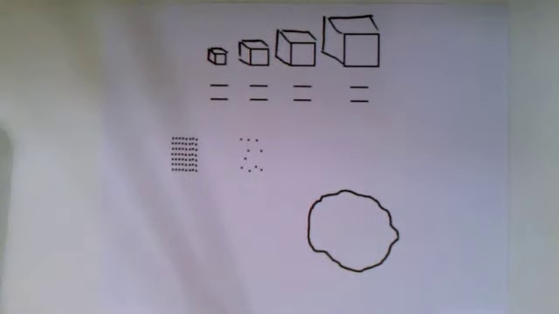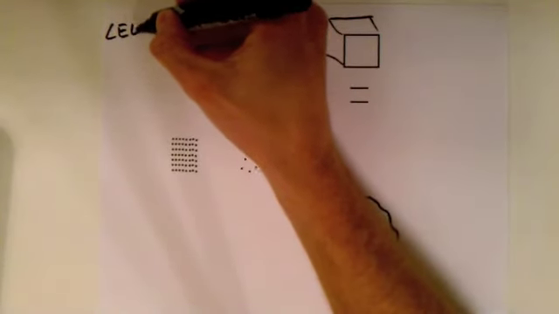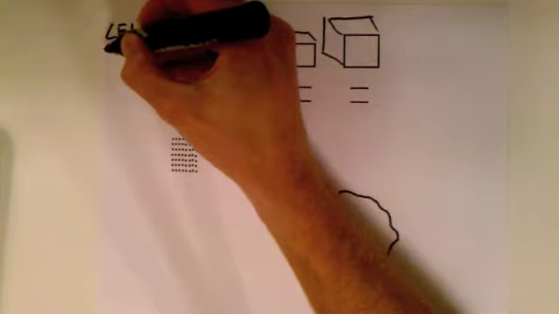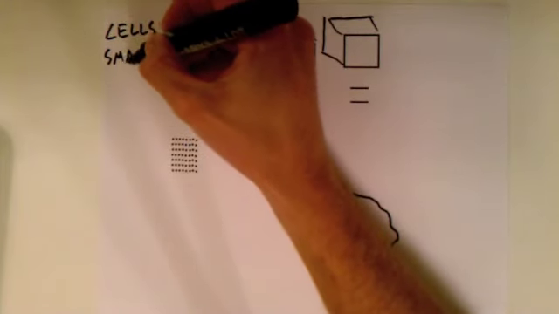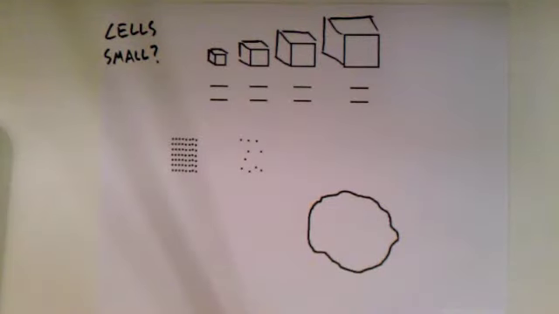Alright, so we're going to continue our discussion about cells. And specifically, I'm going to raise the question, why are cells so small? We're going to be looking at a couple different attributes.